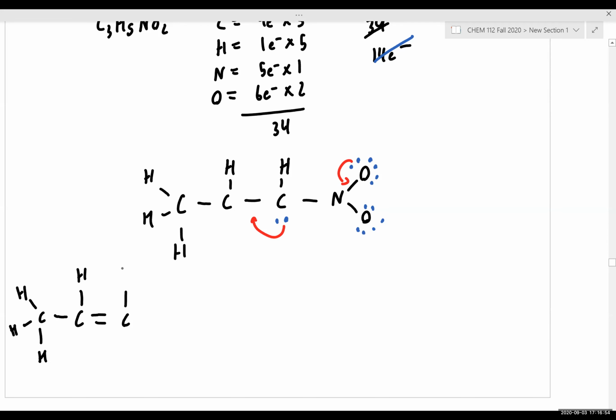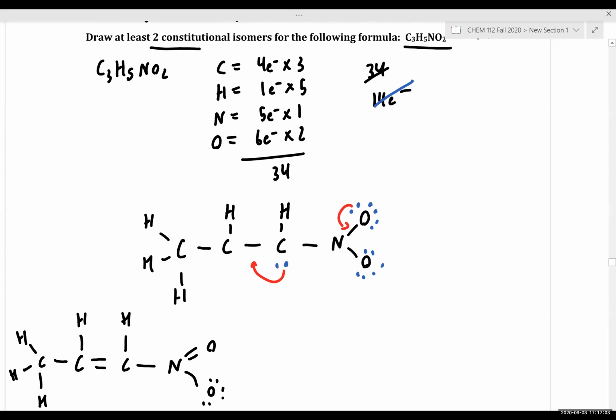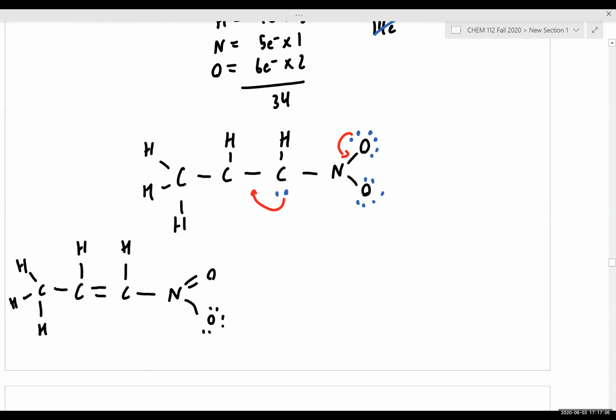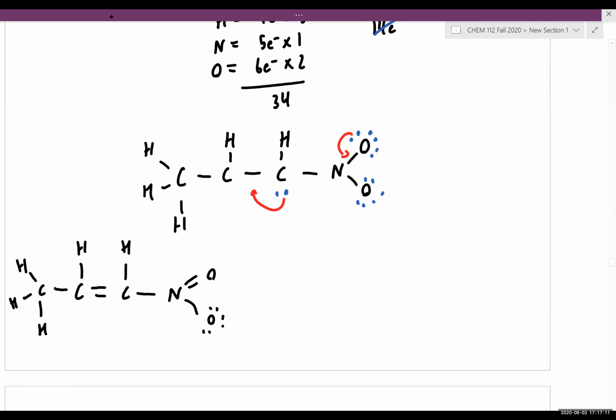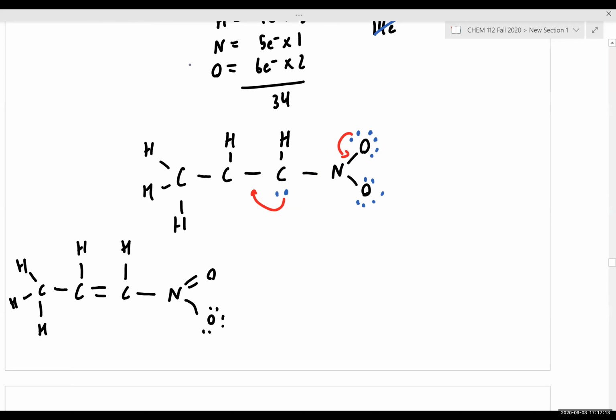And now my question to all of you is, is there a way for us to rearrange this structure to generate a constitutional isomer? Well, there's actually a nice little trick that you could use. What you can do is pick 1 attached atom or functional group on each of our 2 carbon atoms.